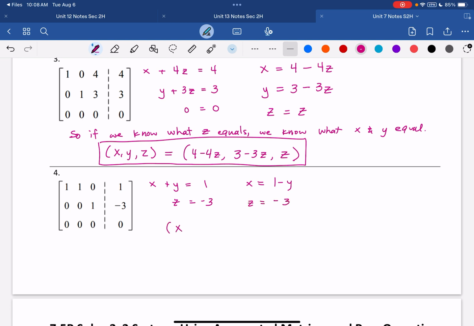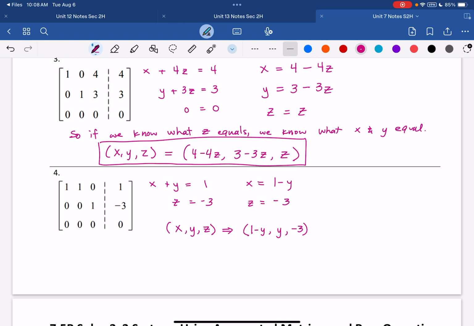So if we knew what y equaled, then we could figure out what x equaled, and we know what z equals. So if we solve it like this, the answer would be 1 minus y, comma, y, comma, -3.